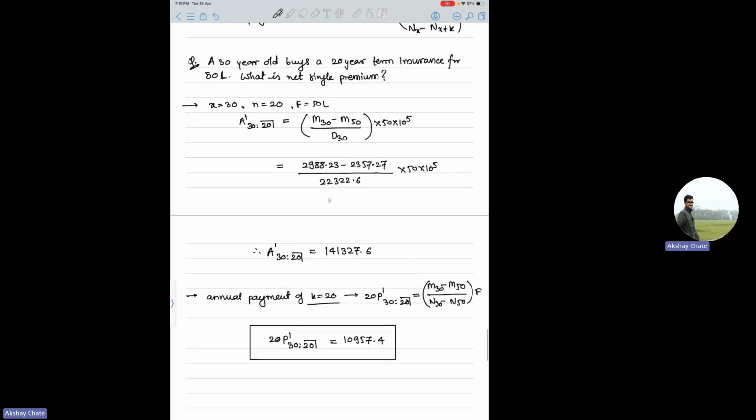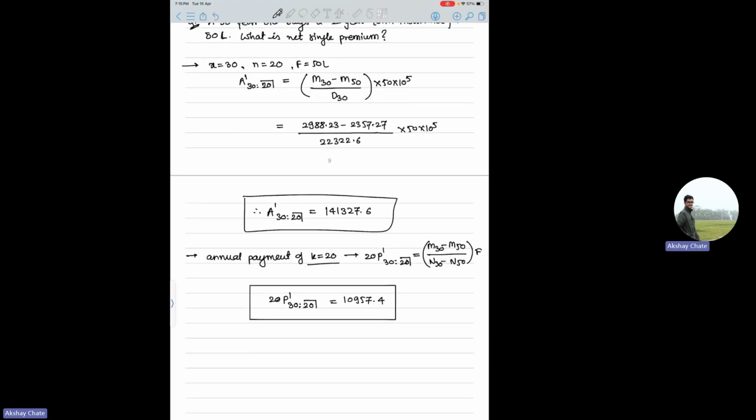So if you do that, your value of this annual payment comes out to be 10957.4.